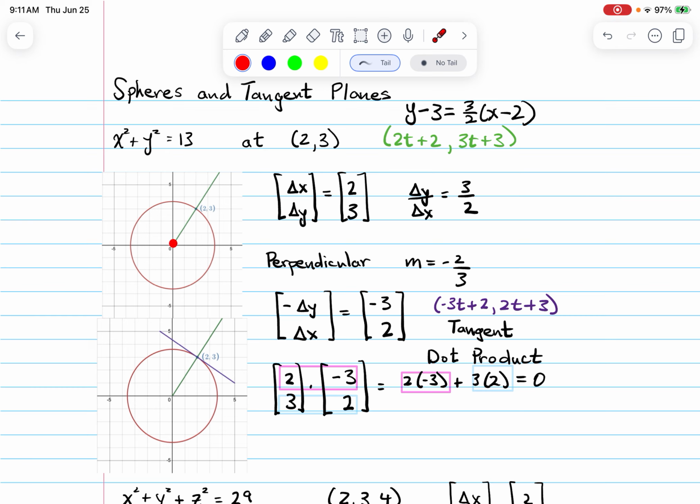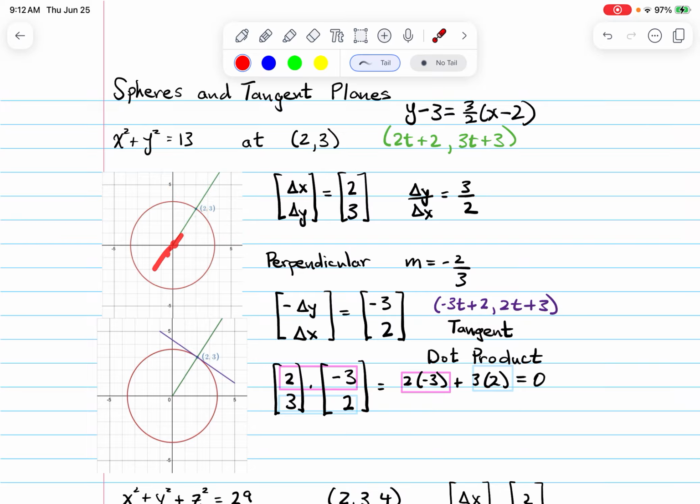Now, what I've got here is a little line that comes out from the center of the circle. This right here is the radius. And what I want to do is find a tangent. Now, we know that the tangent will be 90 degrees with a line, a little segment that comes out from the radius.